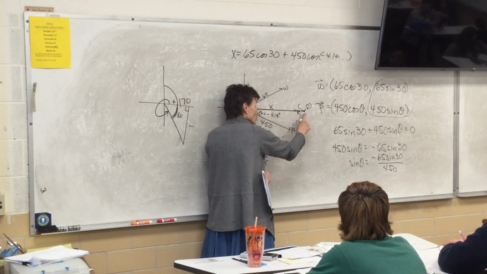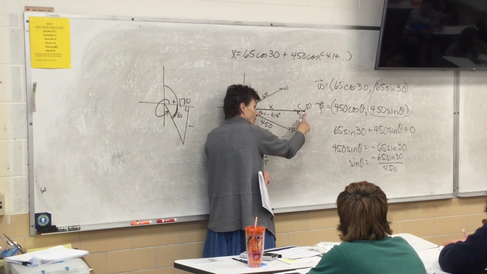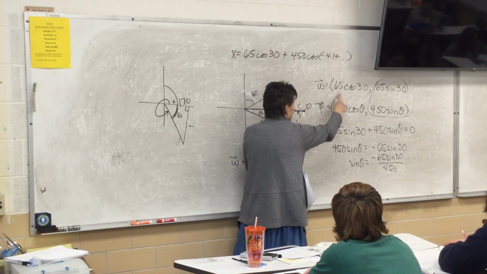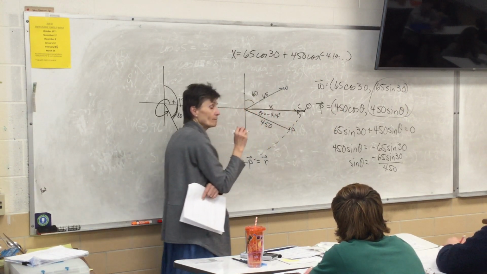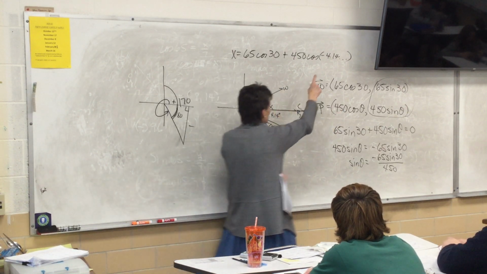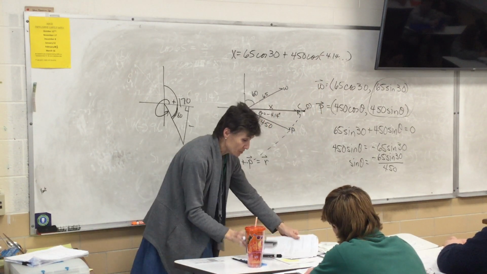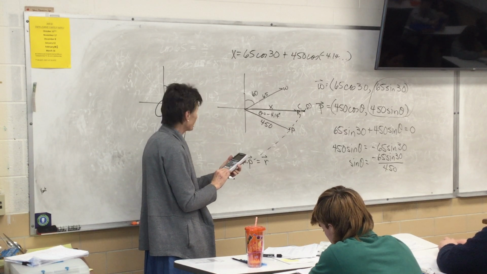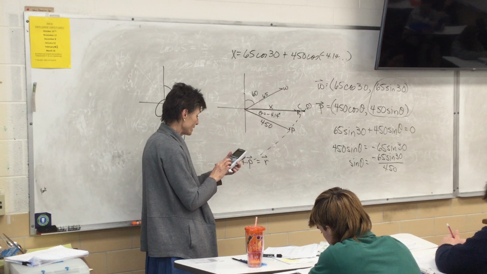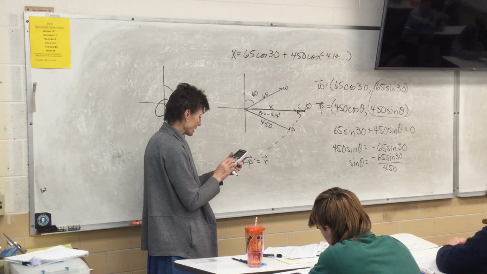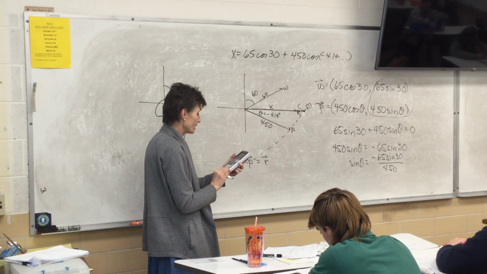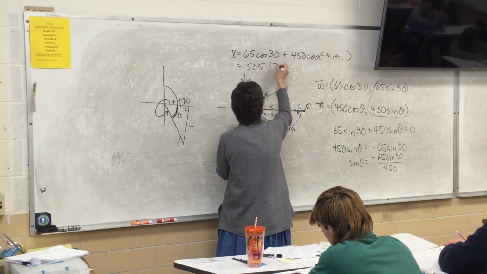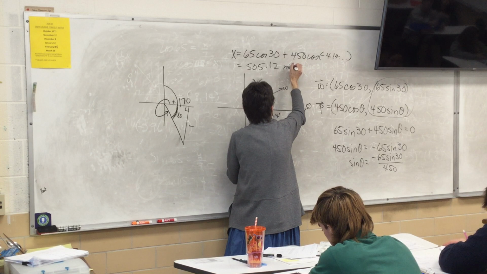This is how much ground he's going to cover in 1 hour. So to get the x, I'm going to add my x's together. And I now know this angle, so I'll be able to do that. Let's use our answer button. So 65 cosine 30 plus 450 cosine second answer. I got 505.12 miles per hour.